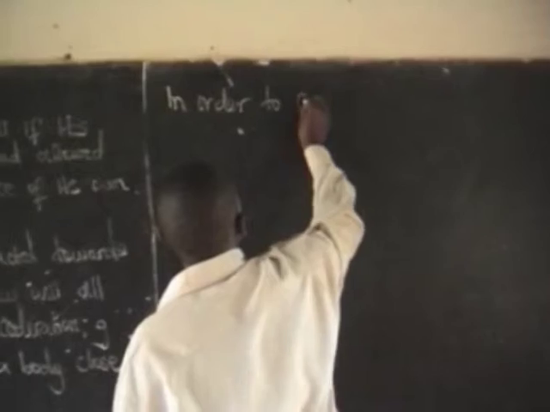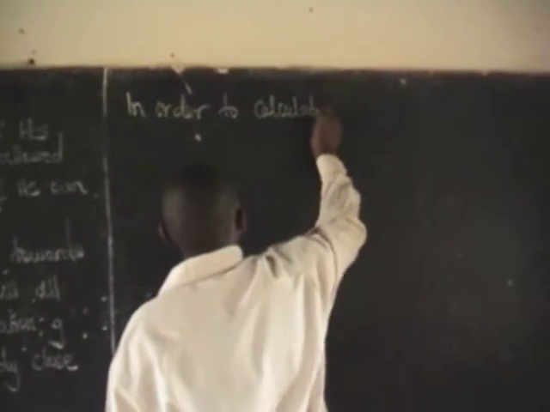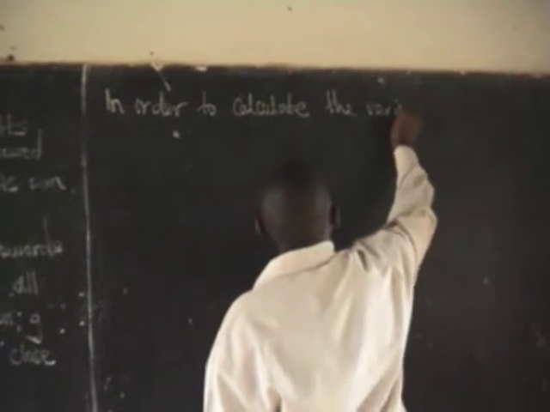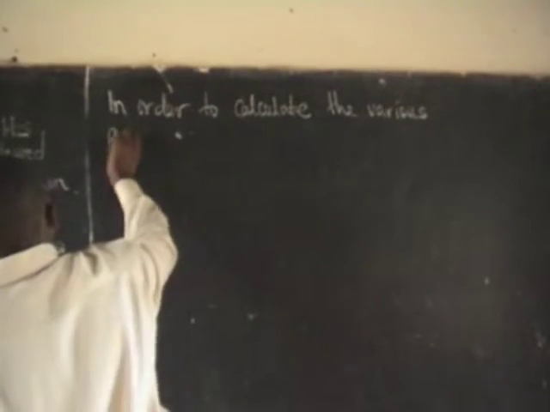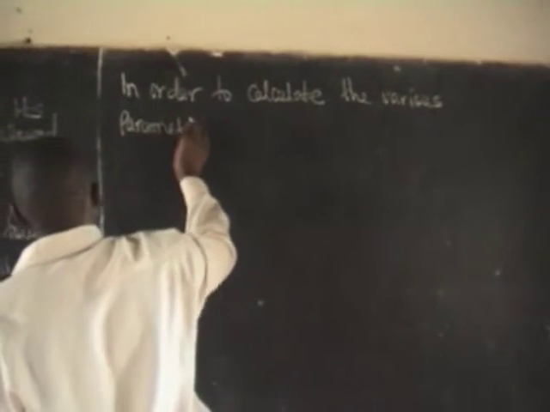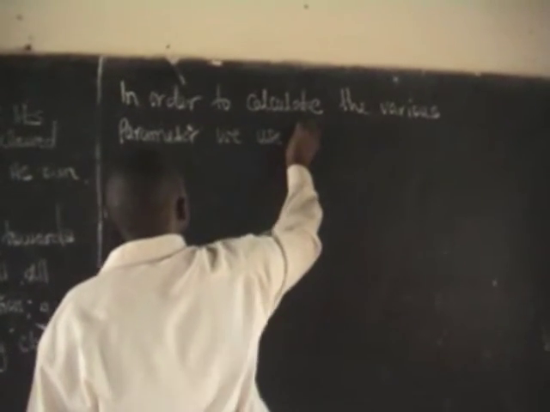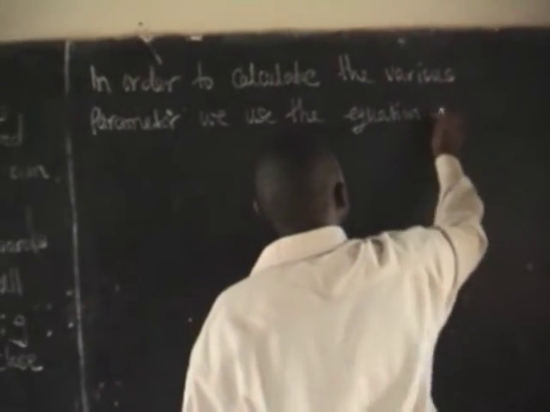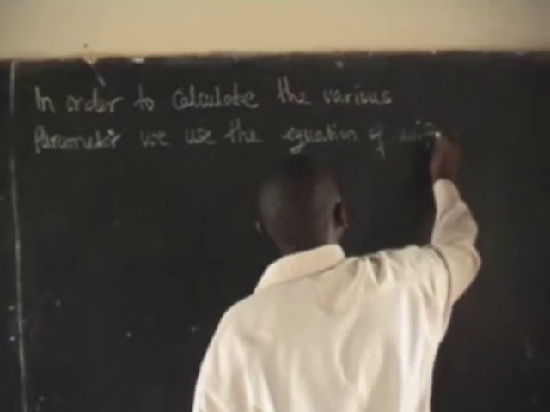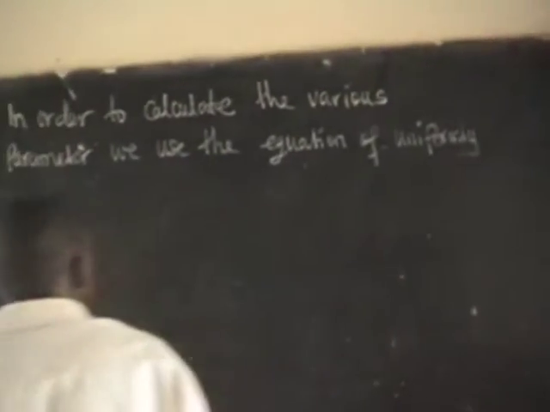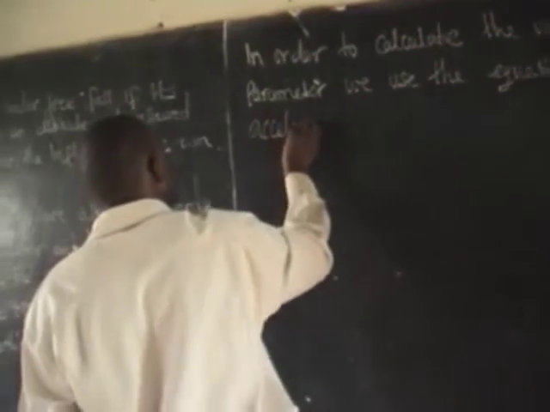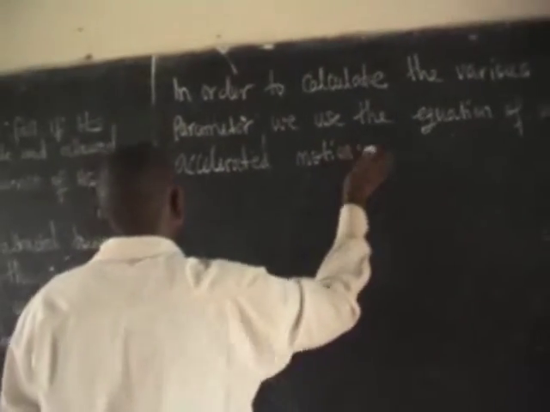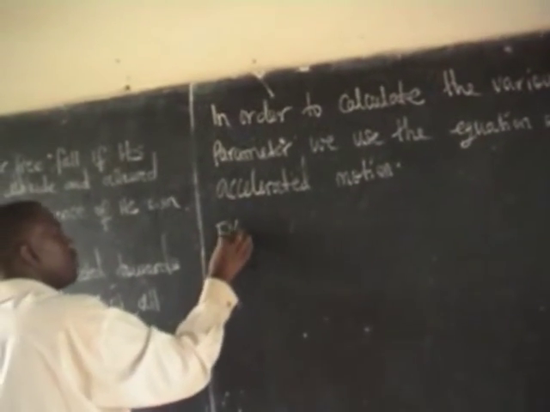To calculate the various parameters, we use the equations of uniformly accelerated motion. So let's look at an example.